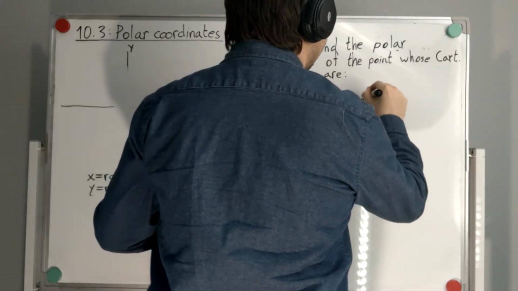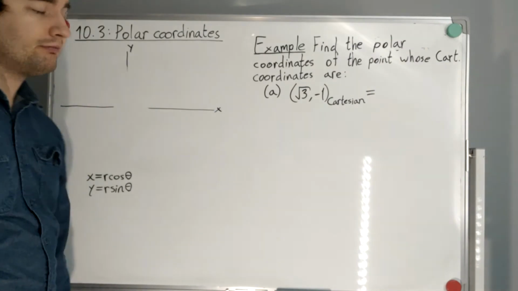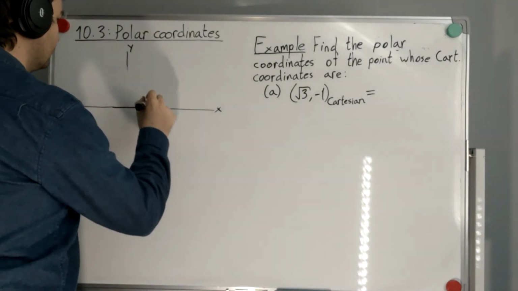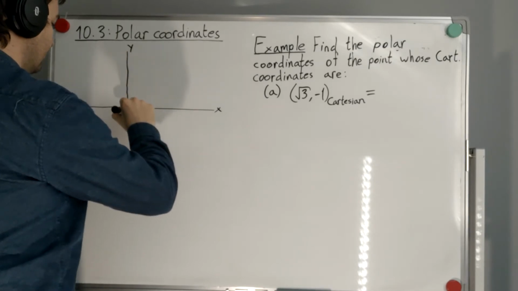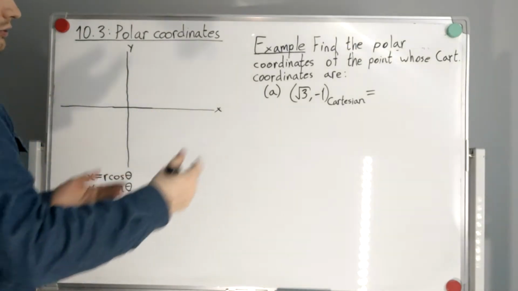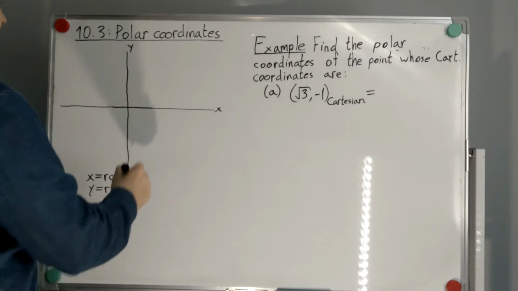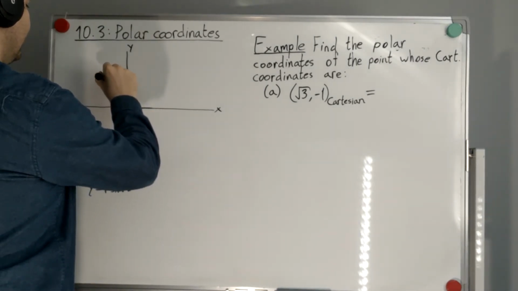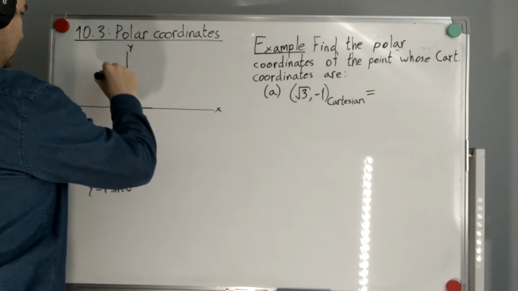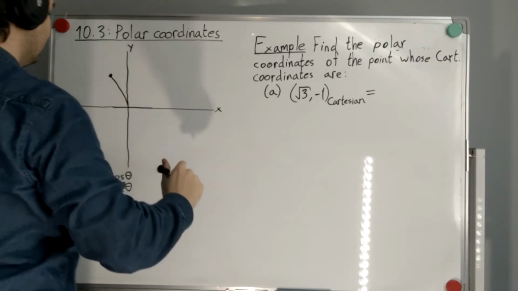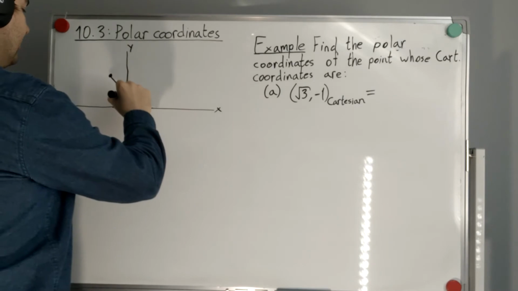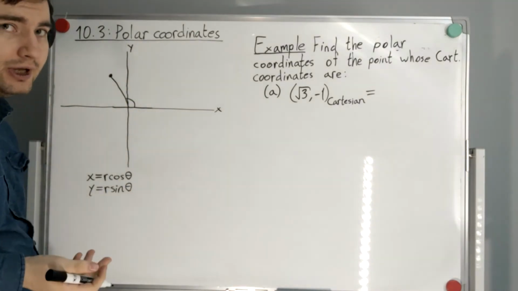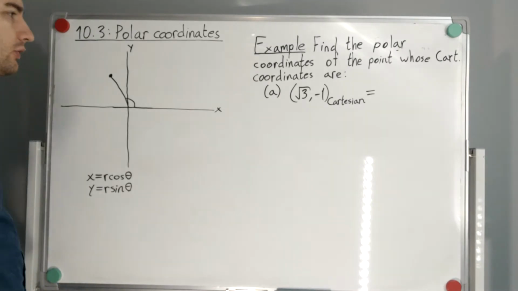We desire to find the polar coordinates. Root 3, negative 1 is approximately over here somewhere. So we just need to figure out the length of that line segment and this angle. If we can do that, those will suffice for polar coordinates.